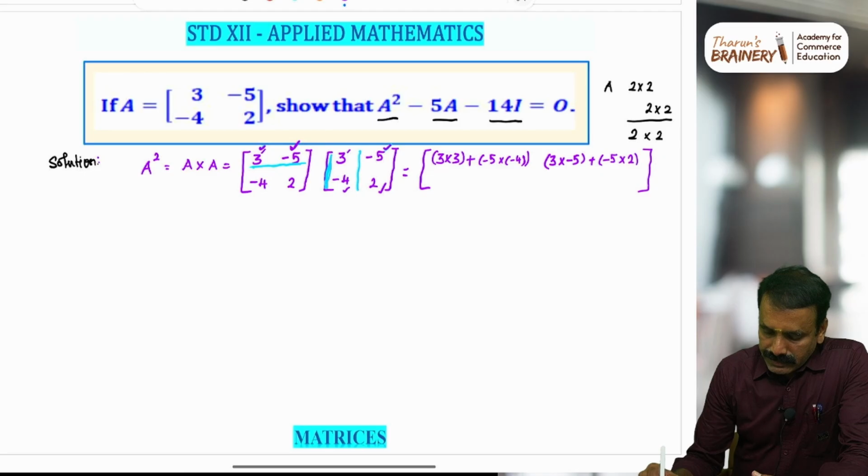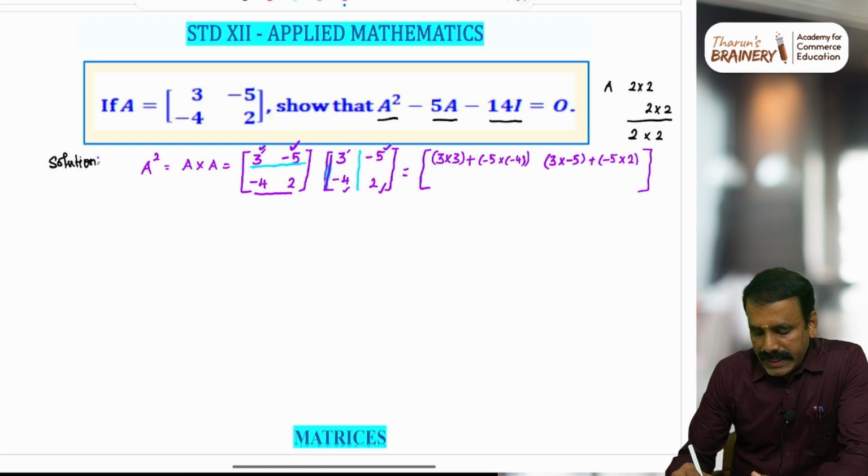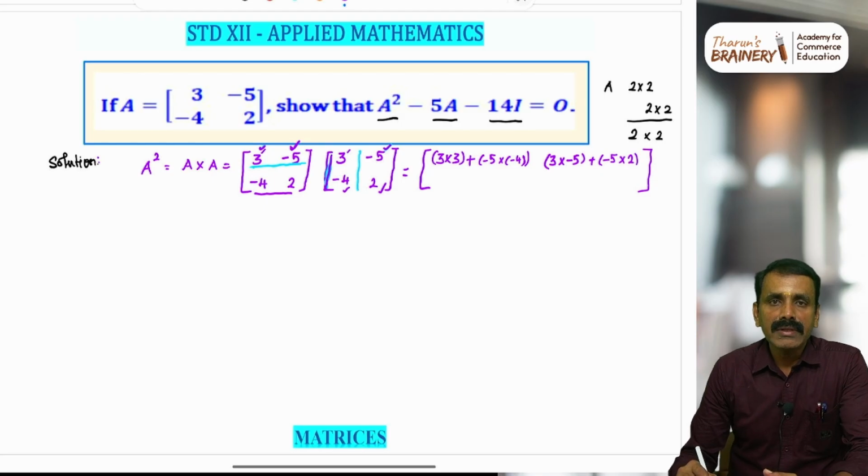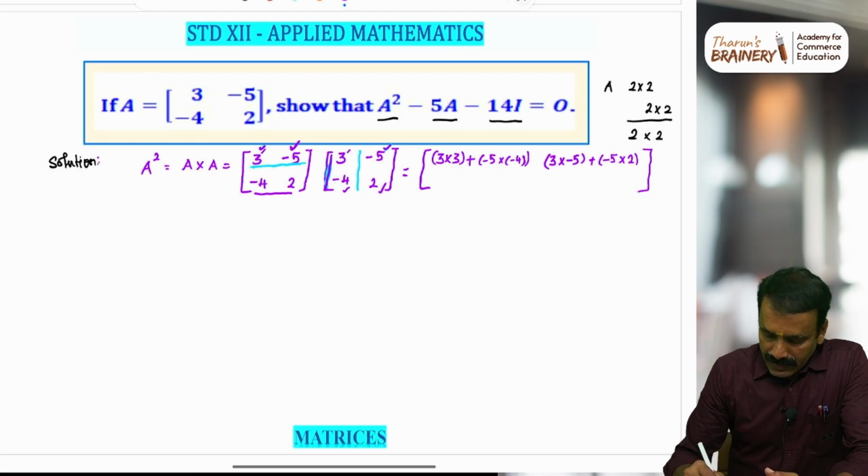Next we multiply second row with the first column. What are the second row elements? Minus 4 and 2. Second column elements are 3 and minus 4. So again we have to multiply first element with the first element, second element with the second element. So we start multiplying. First element is multiplied with the first element.